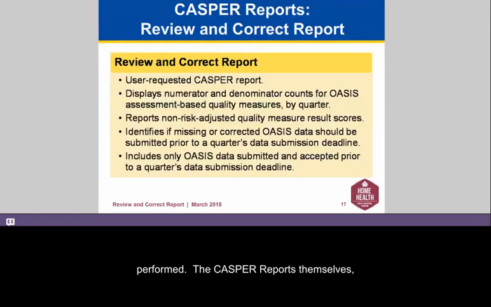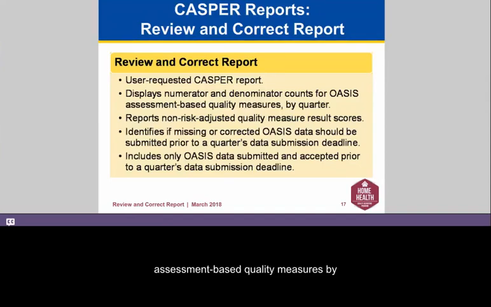The CASPER reports themselves, there is a lengthy list of them, but we're going to begin by looking at the review and correct report. This is a user-requested report. That means that you can go in and pull this report yourself. It's going to give you numerator and denominator counts for OASIS assessment-based quality measures by quarter.